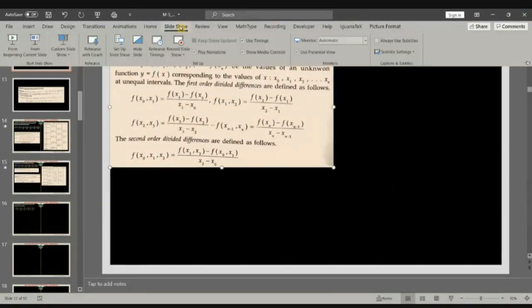By observing this, can anyone tell what is the divided difference of f of x3, x4, x5?